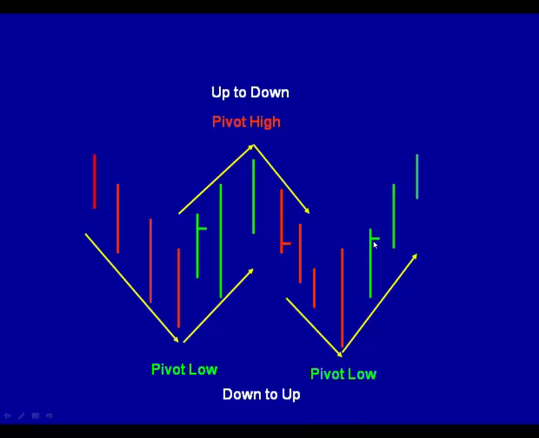But here you can see that this particular bar closed above this wide range red bar. On the close of this bar, that's when the pivot is formed. So this is actually the confirmation bar. It's not necessarily the entry bar, and we'll look at that when we start talking about the right side pivot rule. But simply: pivot highs, pivot lows, turning points.